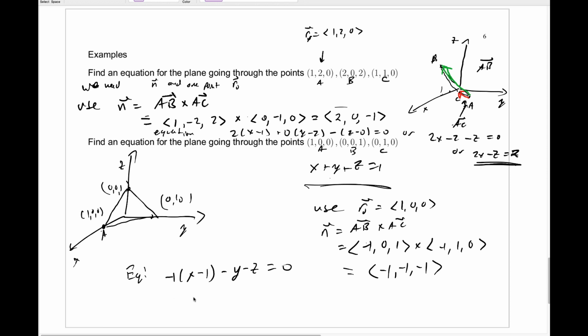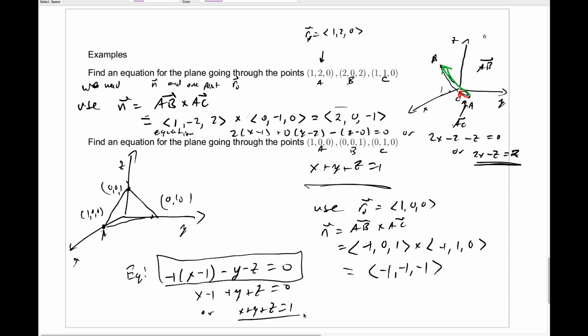If I multiply the whole thing by minus 1, I get x minus 1 plus y plus z equals 0, or x plus y plus z equals 1. It's okay to leave the equation like this. There's nothing wrong with that. But it also looks like this. It's just an equivalent way of writing the equation, which is what we had guessed right at the beginning.